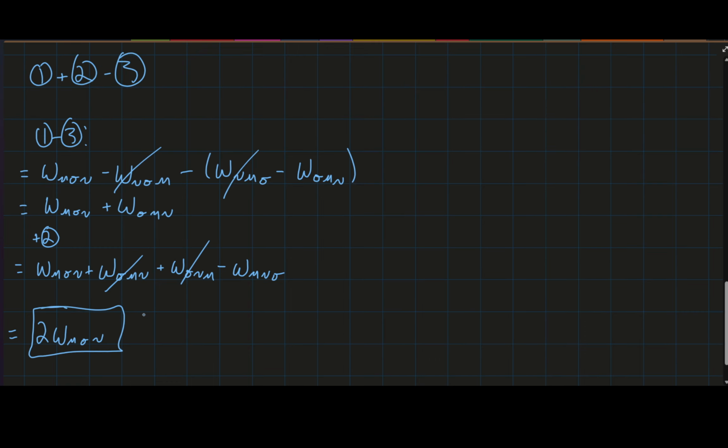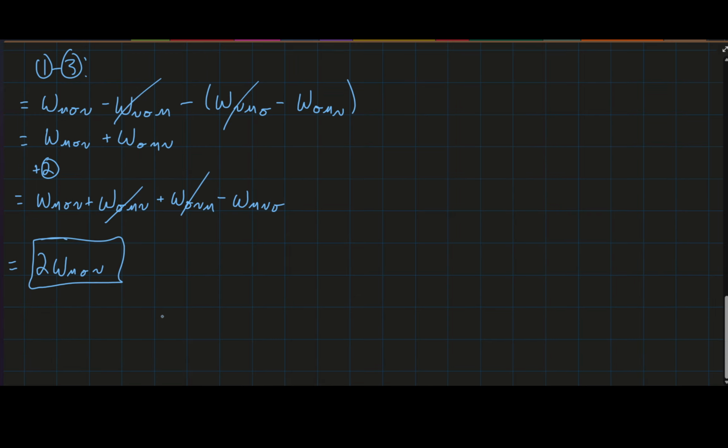So we can do this more directly. We're going to do 1 plus 2 minus 3 here. So let's go ahead. Equals, okay. So 1 is E sigma A, E mu, E nu A. So that's equation 1.